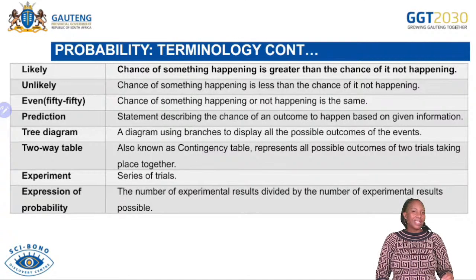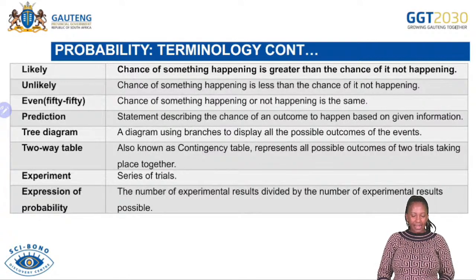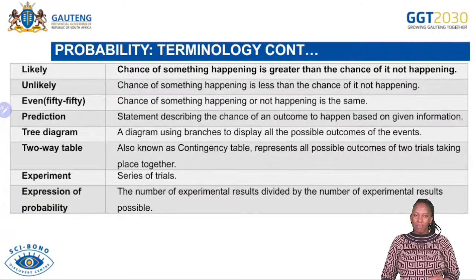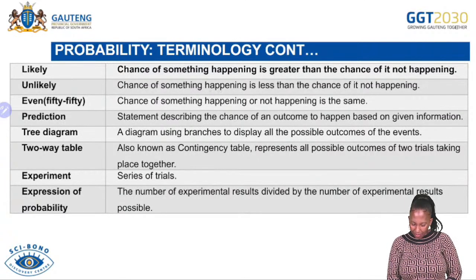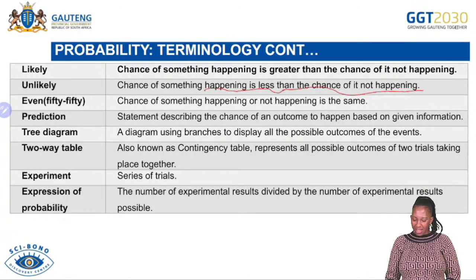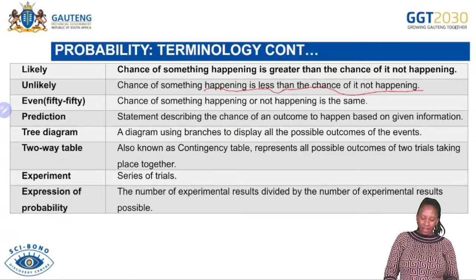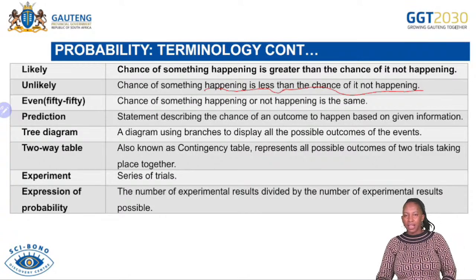And then when we say it is unlikely, we say the chances of something happening is less than the chances of it not happening. If they are even, it's 50-50. So when we say 50-50, we say chances of something happening or not happening are the same.